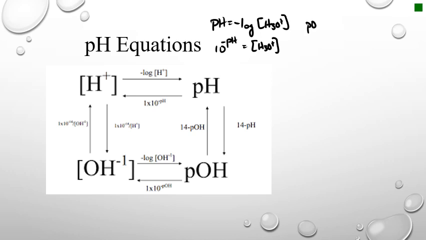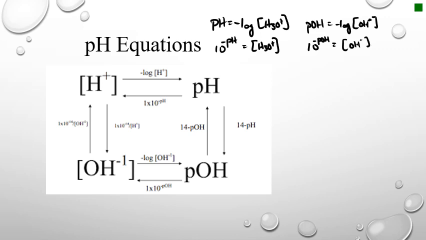It works the same way. The pOH is simply the negative log of the OH minus concentration instead. And if we want to find the OH minus from the pOH, then we would just simply take 10 to the negative pOH, and that'll tell us the OH minus.